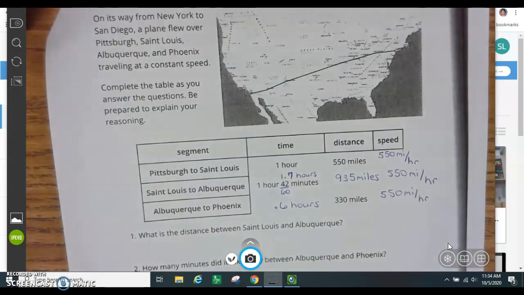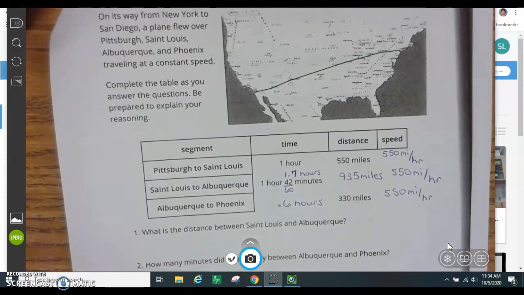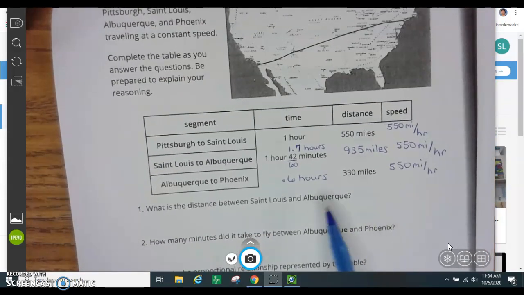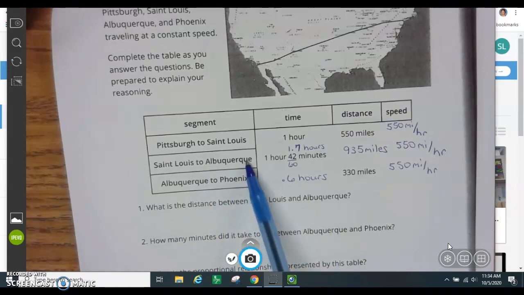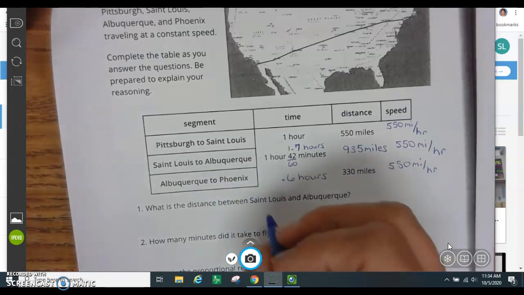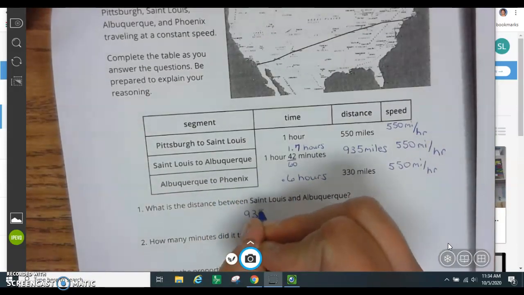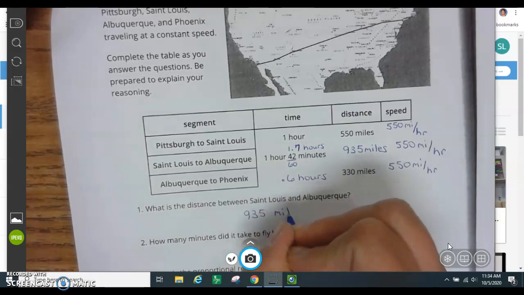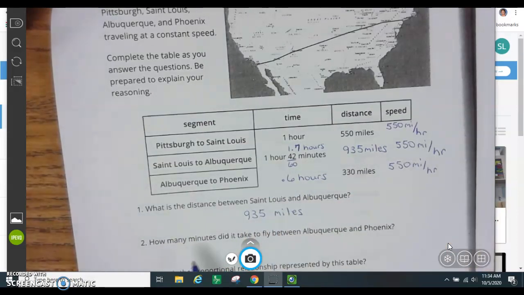But you might say, well, let's wait and answer these questions. So what's the distance between St. Louis and Albuquerque? The distance was 935 miles. How many minutes did it take to fly between Albuquerque and Phoenix?